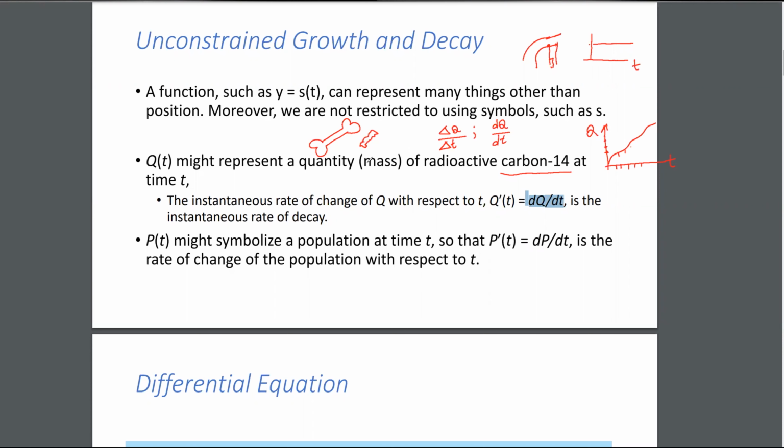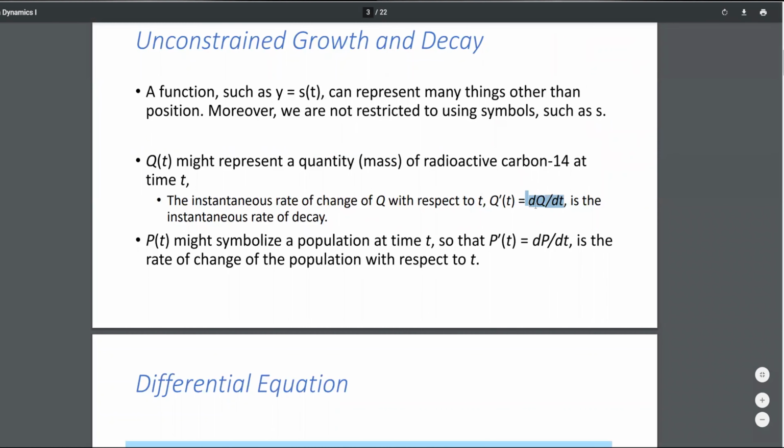So you can see how much was there initially and how much has decayed. If you know the rate of change per year, then you can calculate how many years it took. We went through this and I explained that last time. I'm just recalling the idea of what this dQ by dt means, and I hope you have a clear idea of it.